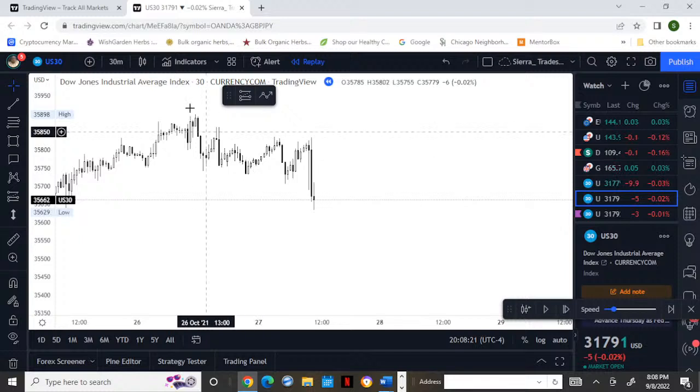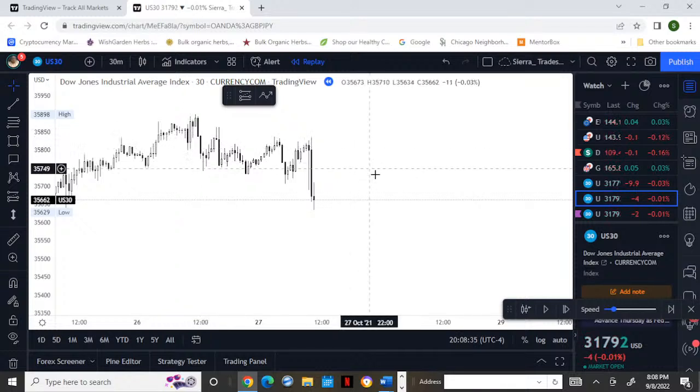All right, so this looks like a downtrend. Price giving us lower lows, lower highs, lower lows, lower highs. Broke the last higher low here.